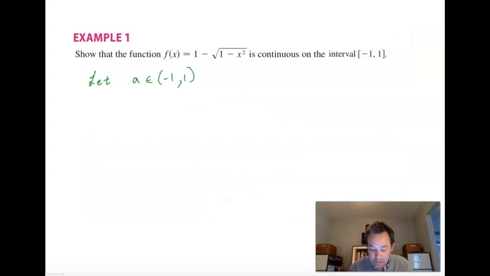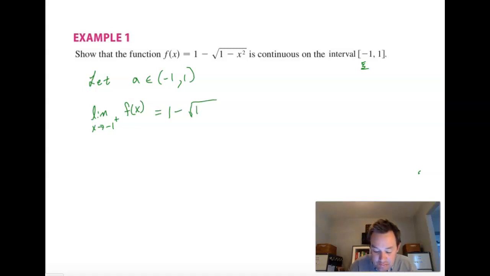So I'll start with the left endpoint, meaning I need to check right-hand continuity there. So I'm going to take the limit as x approaches negative 1 from the right of this function. And all I have to do is a direct substitution. It doesn't change just because we're doing a one-sided limit. You can still do a direct substitution, and if it comes out to a number, that's your limit.